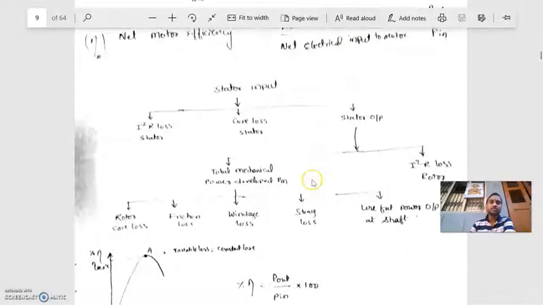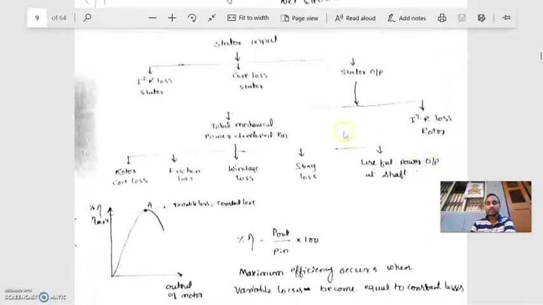And the power flow diagram also goes from the stator input to the output of the rotor. The stator input consists of I square R losses at the stator, that is copper losses at the stator, core loss at the stator, and stator output.